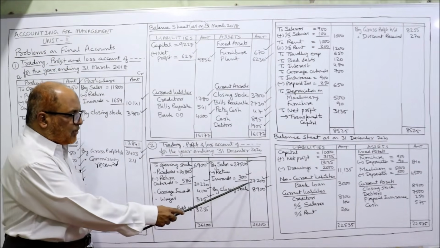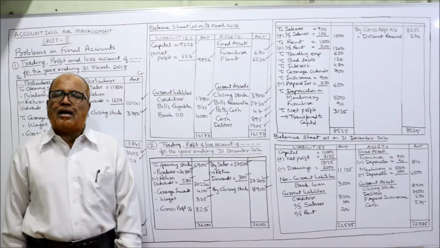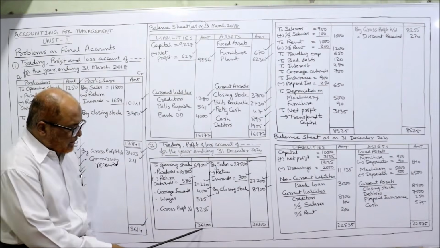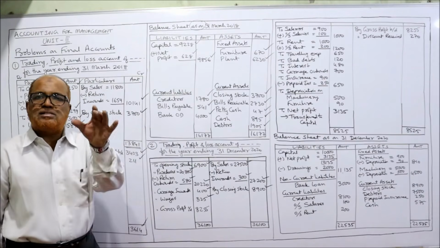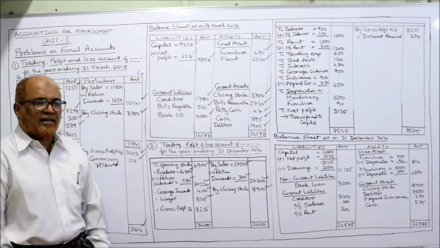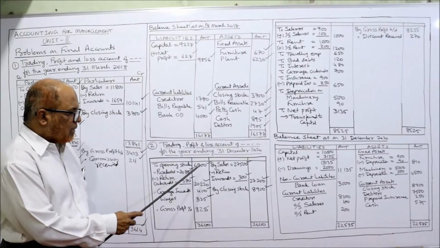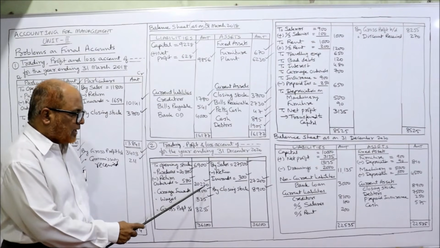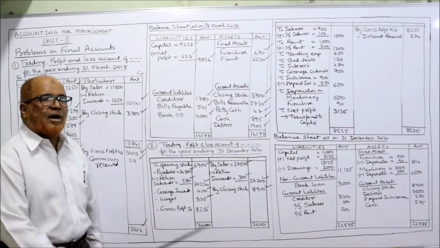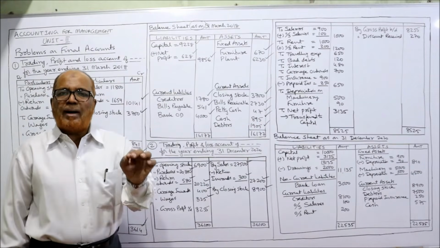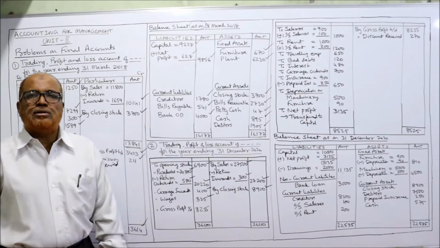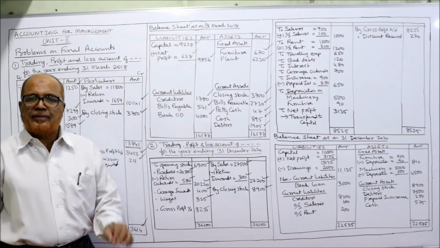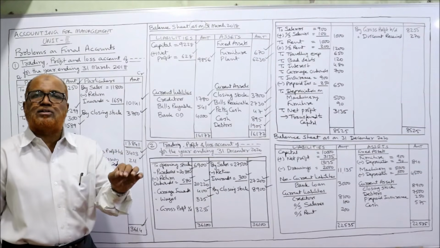Credit side total is 36,100, same total 36,100 on the debit side. Now subtract the debit side items: 36,100 minus 6,900 minus 20,220 minus 400 minus 325. The balancing figure is 8,255.